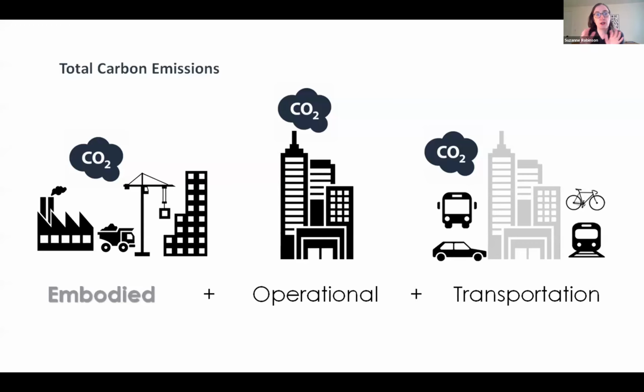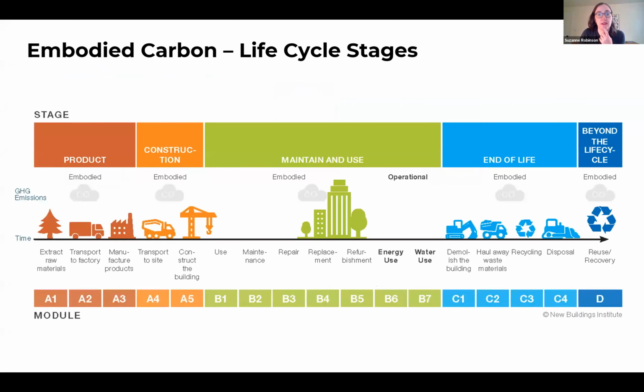When we look at total carbon emissions, we've got the embodied carbon, the operational carbon, and the transportation. Those are the three main factors we're looking into, two of which have a huge component with the buildings. When we talk embodied carbon, Patrick had touched on this, we have these life cycle stages that are broken out and have nomenclature. You'll start hearing, if you haven't already, a lot of shorthand about these modules.